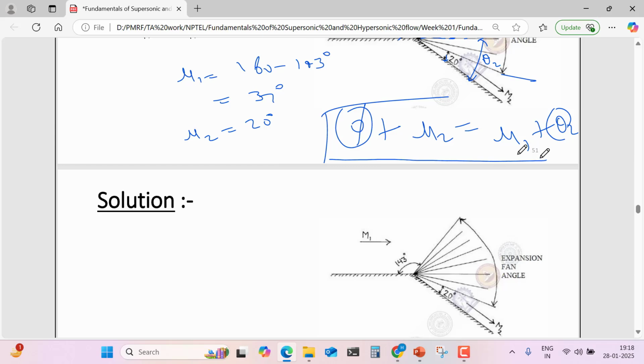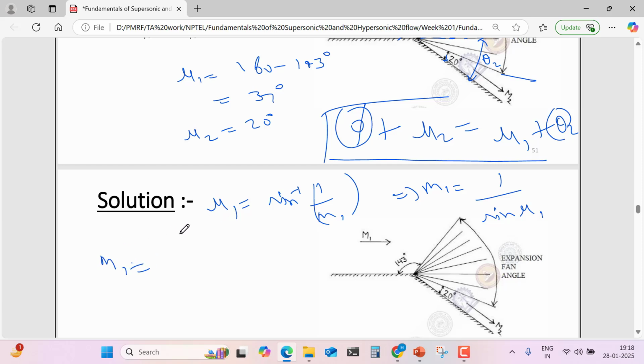So first we have to find m1 and m2. We know that mu1 equal to sine inverse 1 by m1. Then m1 will be 1 upon sine mu1. So m1 will be 1 upon sine 37 degrees.